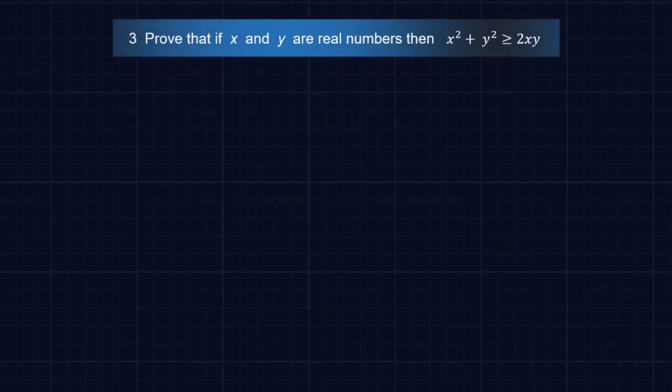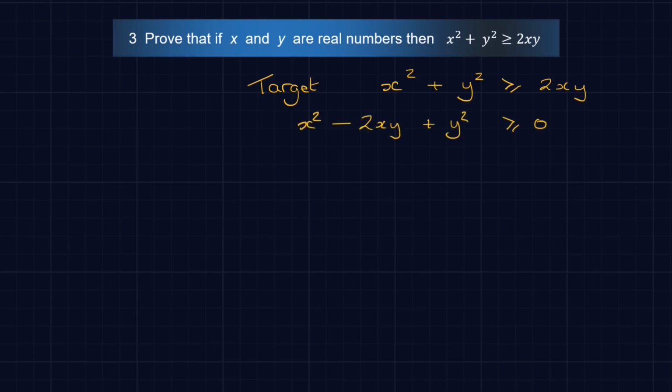Here's our next question. Sometimes it pays to start by taking a look at the target. x squared plus y squared is greater than or equal to 2xy. If we subtract 2xy from both sides, we have this. And hopefully you'll recognize the left-hand side is a perfect square, which must be greater than or equal to 0.